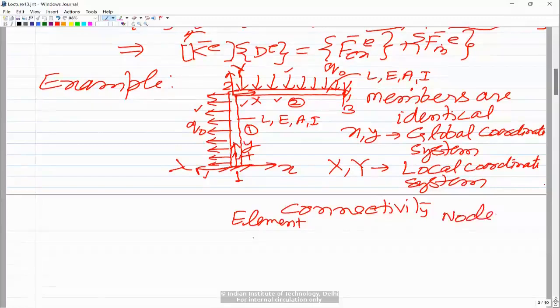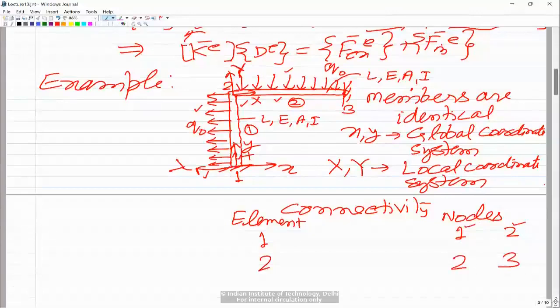So element number 1 consists of global nodes 1 and 2. So its starting node, that is local node number 1, is global node number 1, and local node number 2 is global node number 2. And for element 2, local node number 1 is global node 2 and local node number 2 is global node number 3. So this is the connectivity.